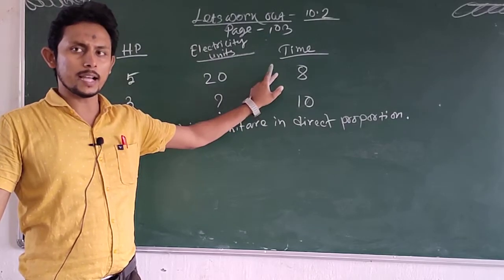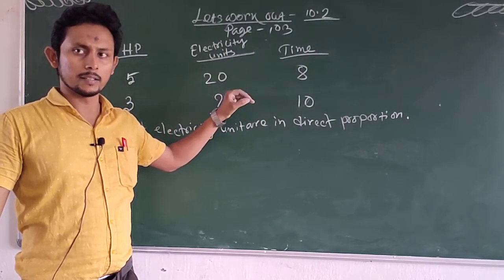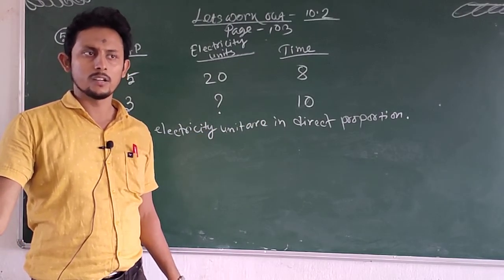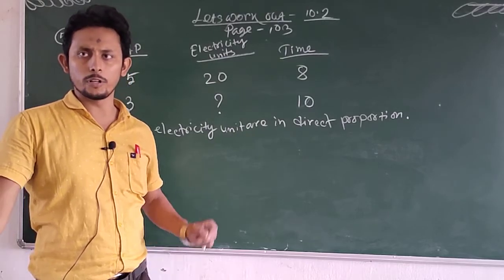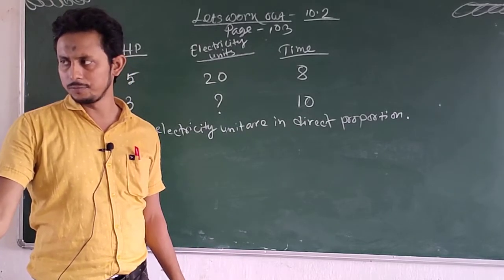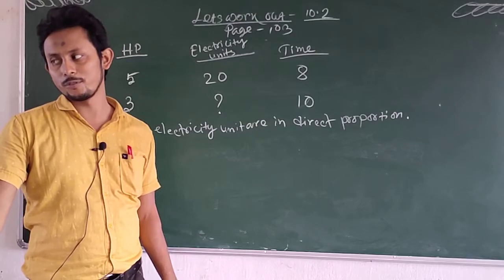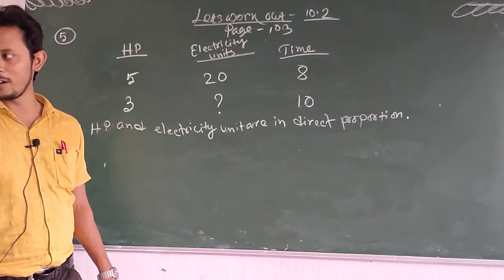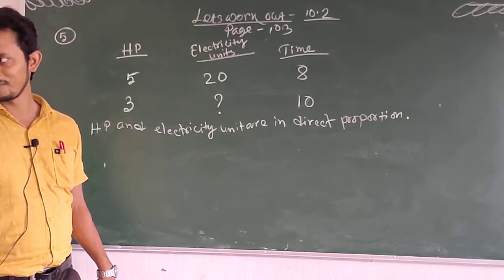Now look at electricity unit and time. If the machine runs for more time, more electricity is needed, right? More time it is running, more electricity is required, yes or no?